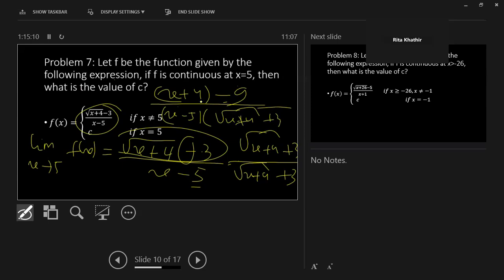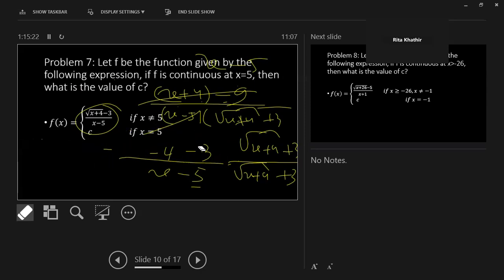X plus 4 minus 9 is the same as x minus 5. So we can cancel. We have now 1 over the square root of x plus 4 plus 3.